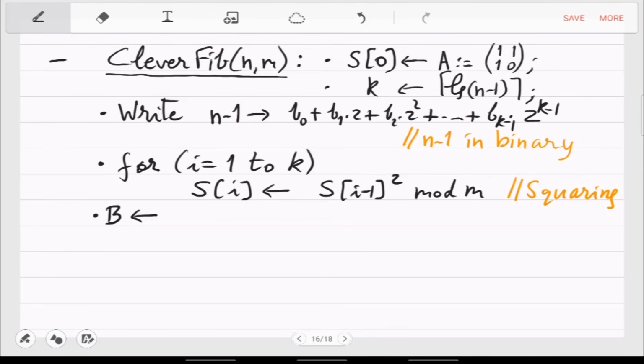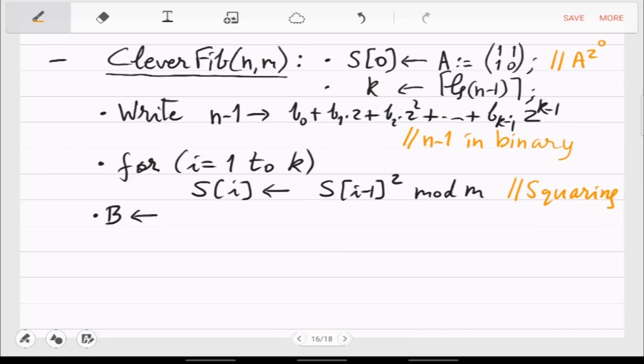By the way, the array is correctly ordered. So a to the 2 to the 0 is stored in S0, and then in S1 we will be storing a squared, a to the 2 to the 1, and so on.